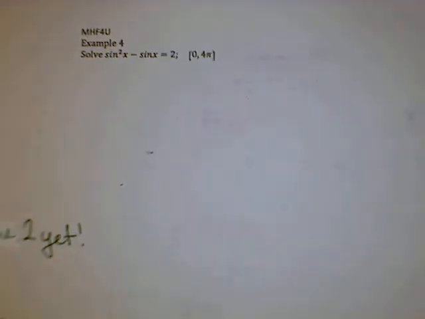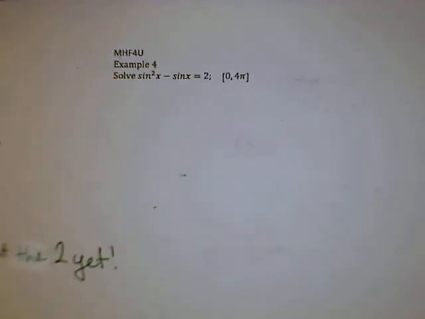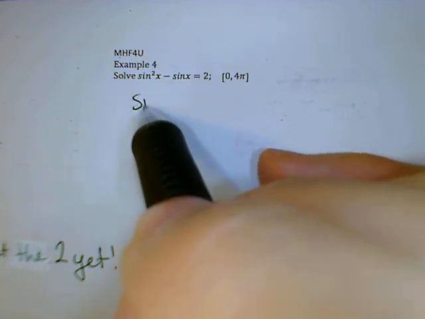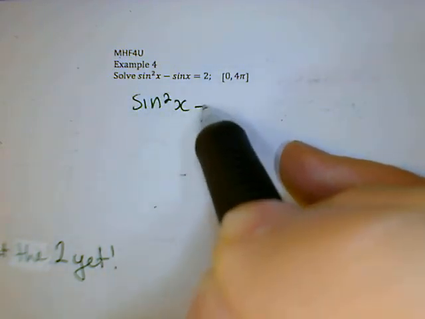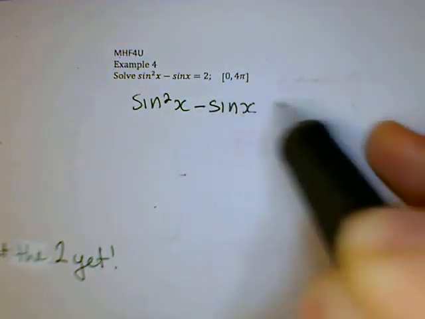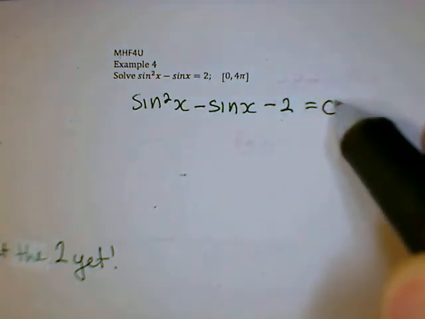Consider this, everyone. This time, my revolution is going to be 2 circles. And they ask you to solve sine squared x minus sine x equals 2. I'm going to rewrite this to see if a strategy pops up for some of you.